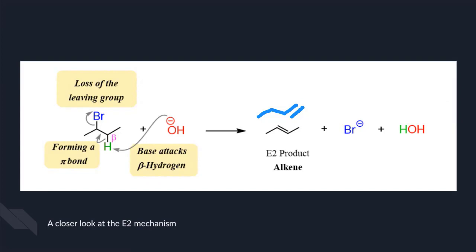So at the end, we have just a monosubstituted alkene, which is less stable. And that's what's going to be considered the Hofmann product, which is going to be made, once again, if we use either a bulky base or if we can't find an anticoplanar hydrogen on the side that would make the Zaitsev product.